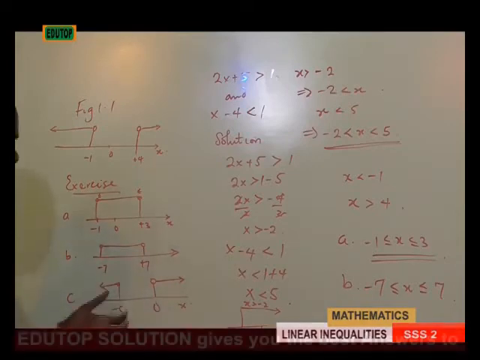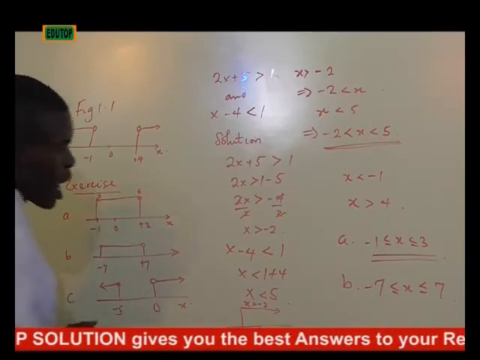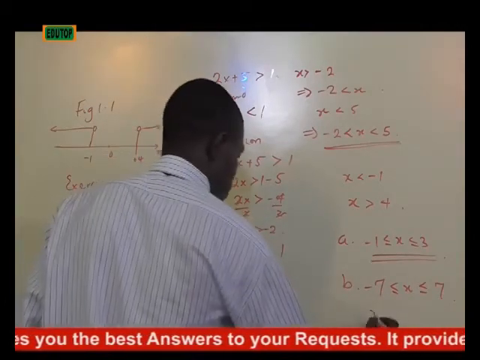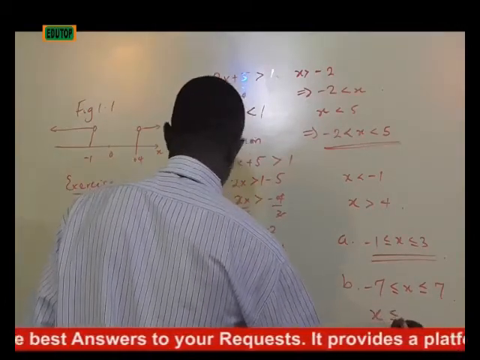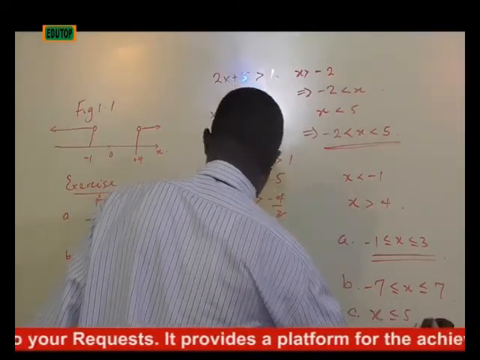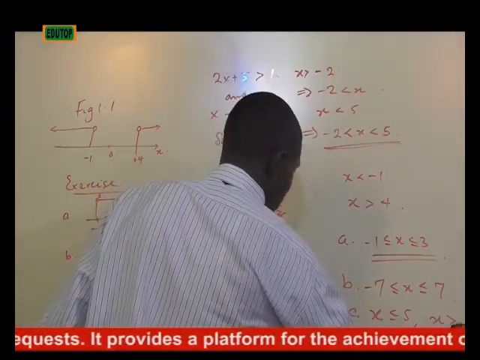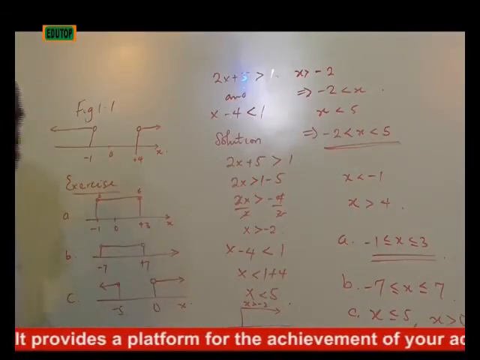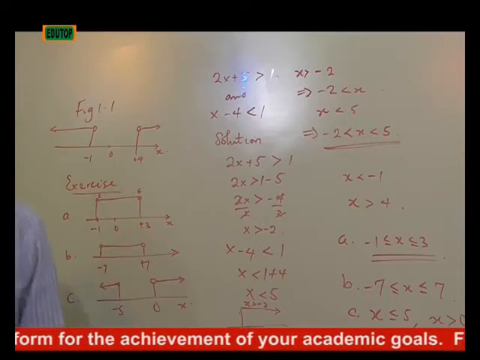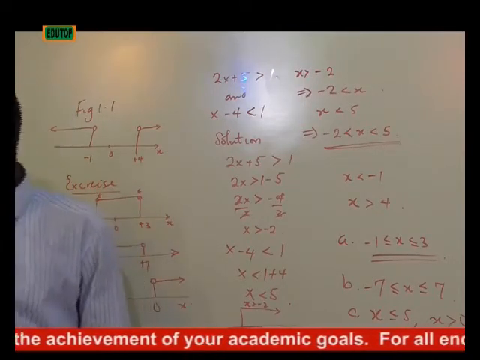They are disjoint here. So this one is shaded and this one is not shaded. So x will be less than or equals to 5 for the C part. Then x is greater than 0 because this one is not shaded. So those are the respective answers for those graphs.